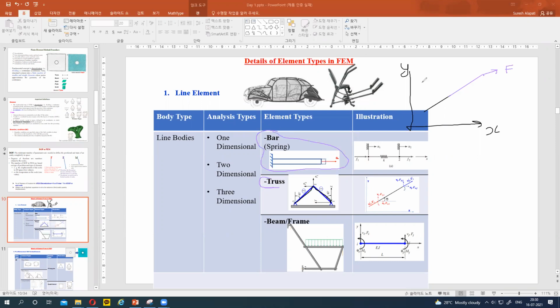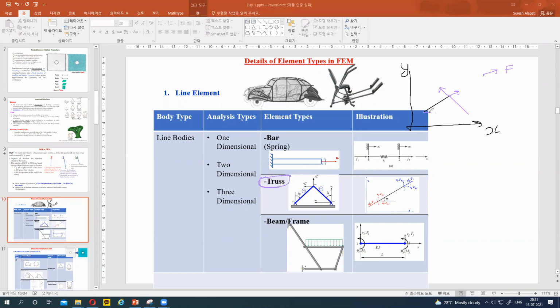But here the orientation is completely different between the 2 structures, here along this direction and here along this direction. So you cannot simply work in either direction. We have to change the orientation into the global coordinate system, so we have to use a truss element.